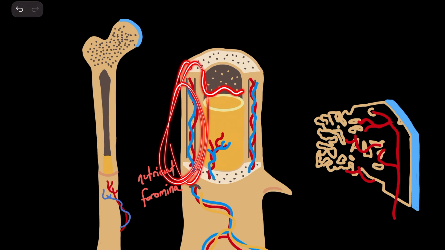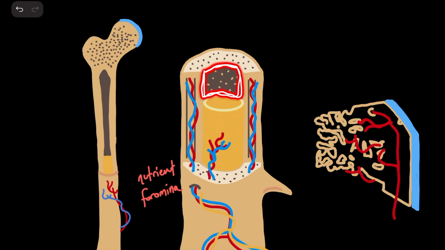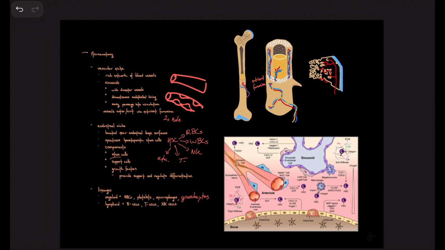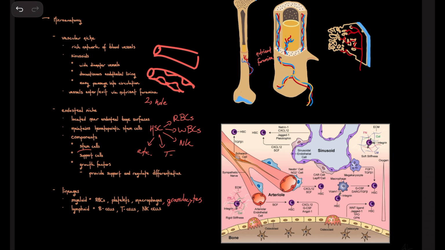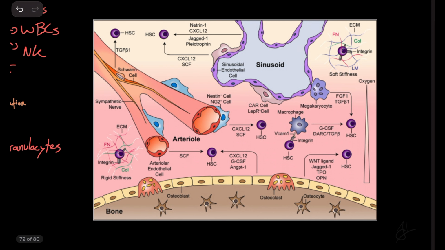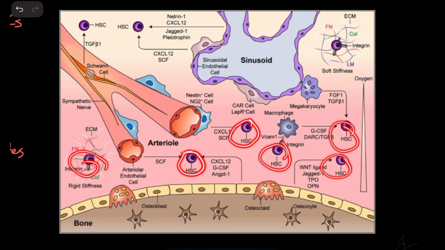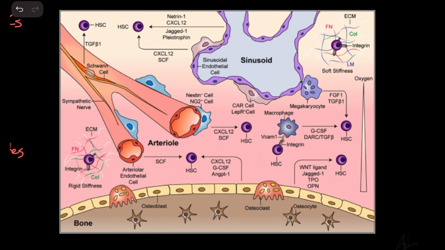Vascular niche here, endosteal niche right here. Again, endosteal just referring to the surface within the bone. So if you want that in a drawing that scares the heck out of you, here's that endosteal surface. So we see a stem cell, stem cell, stem cell, or maybe that one wasn't, but you know what I mean.